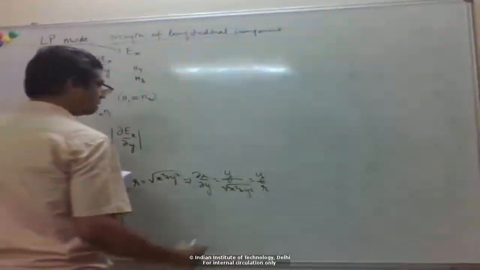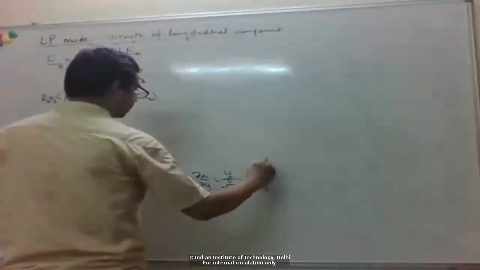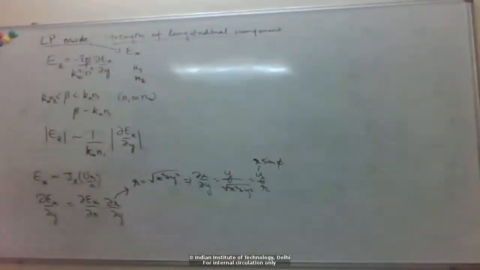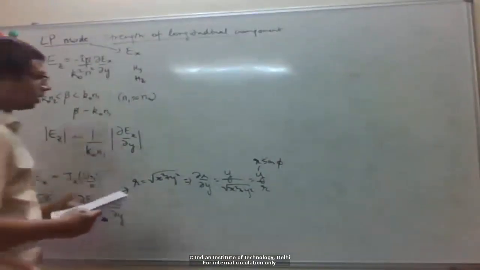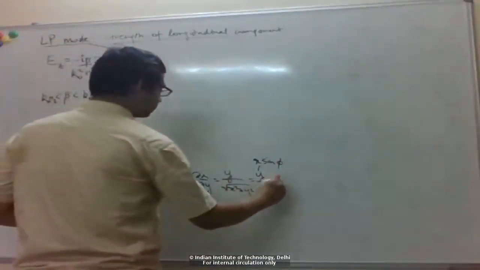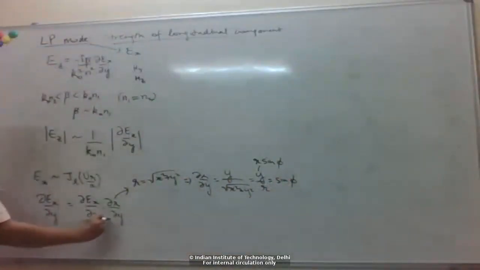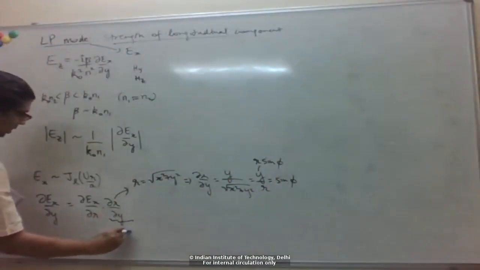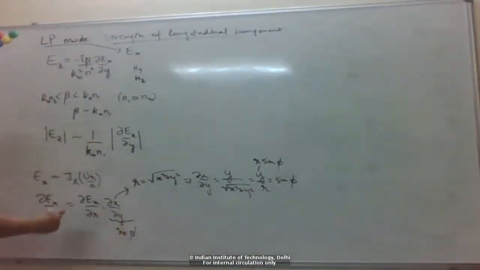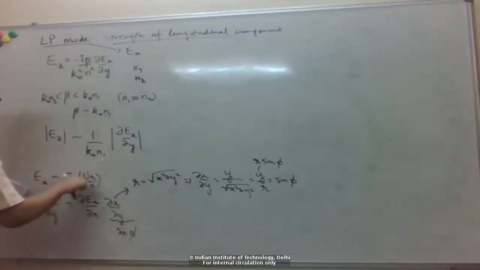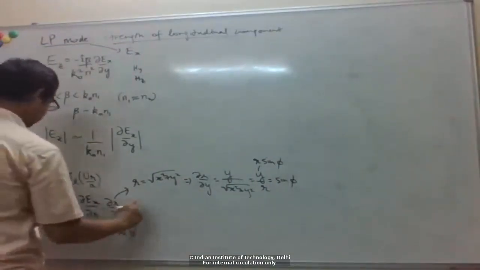If I write y as r sine phi, the relation between Cartesian and polar coordinates, this is just sine phi. So this factor is just sine phi. And then for the derivative, we get a derivative of the Bessel function times this constant out front.